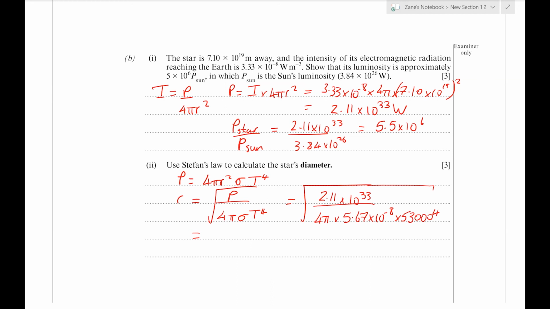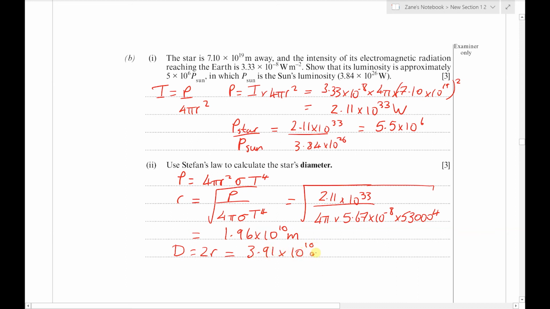And we end up with 1.96 times 10 to the 10 meters. Finally, the diameter will be double that. So we get 3.91 times 10 to the 10 meters. So, it looks like a complicated question with a complicated formula, but as long as we're careful, we should be able to get the answer out fairly easily.